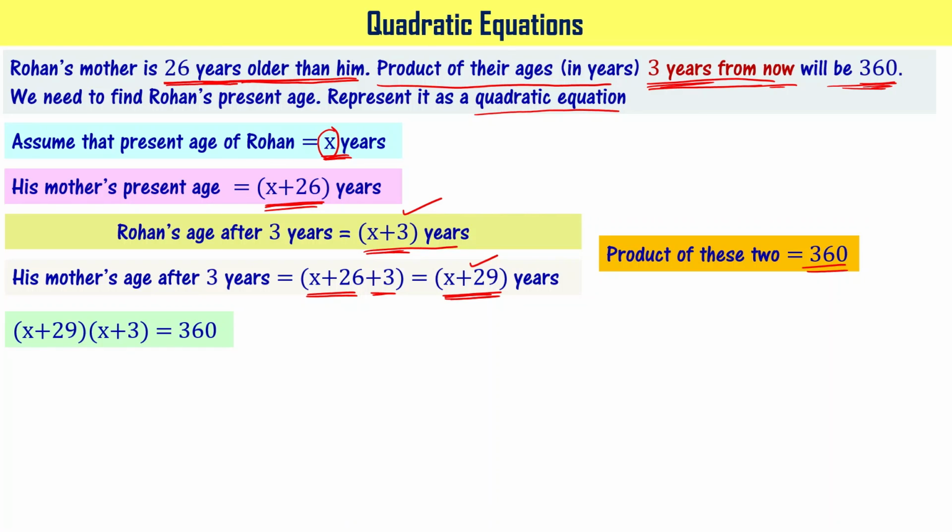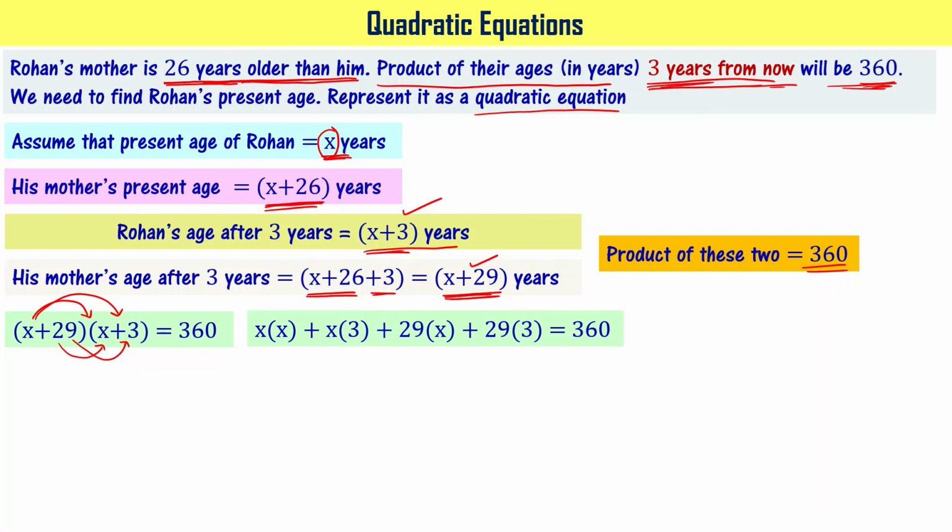This is the equation we have. We have to simplify this and convert it into a quadratic equation. To do that, you have to multiply x with x and x with 3 and 29 with x and 29 with 3. When you do that, you can write it as x times x plus x times 3 plus 29 times x plus 29 times 3 equal to 360, right?